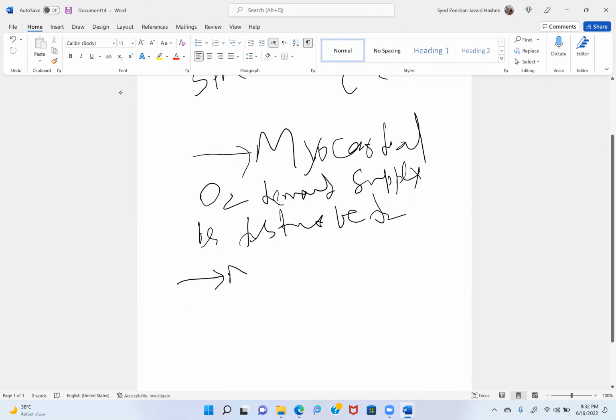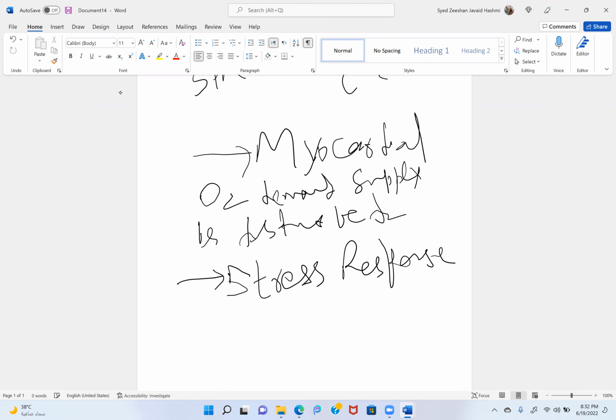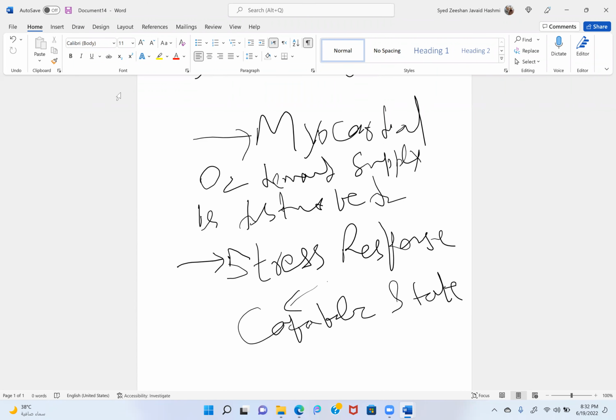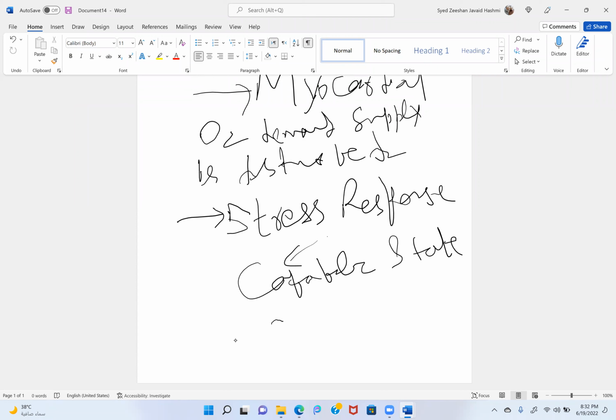Intraoperatively, the signs of pain would tell us that the analgesia or anesthesia is not adequate. Okay. Stress response, so it will result in a catabolic state, which will result in poor wound healing.